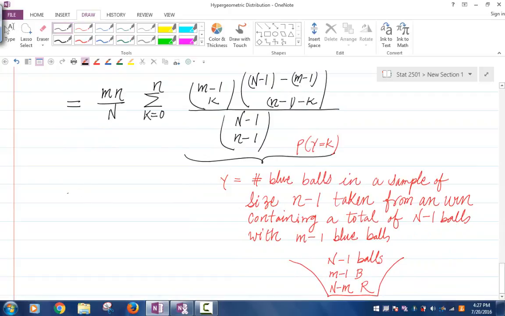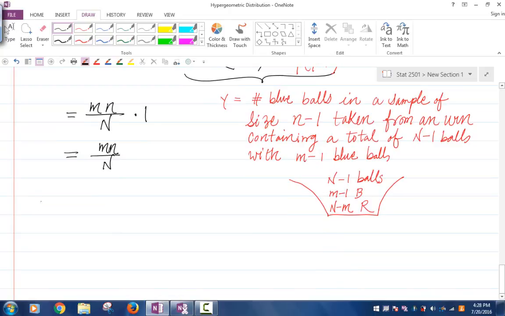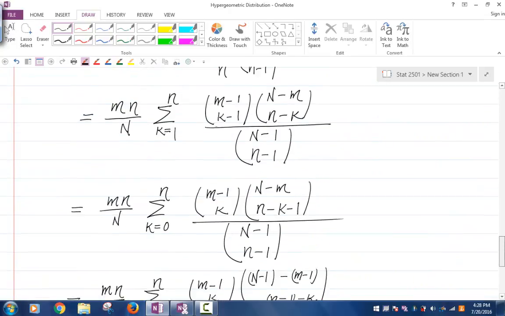So that sum is 1, so I get mn divided by cap N times 1, which is mn over cap N, and hence the expectation of x is mn divided by cap N, which I can write as n times p, where p is m over cap N, which is what I wanted to derive.